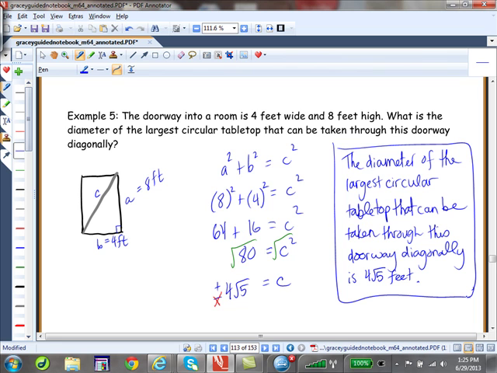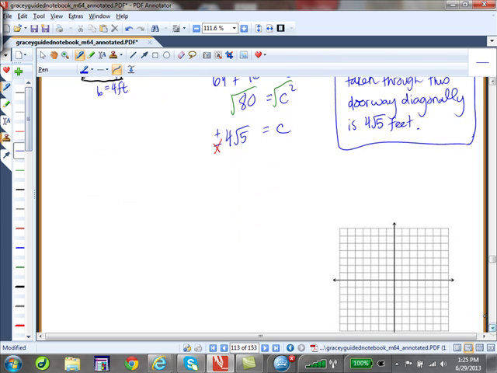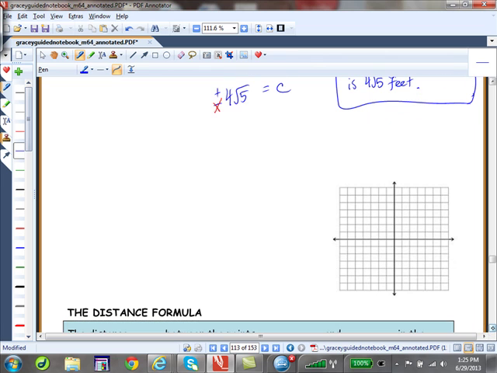All right. So next up, we have the distance formula. So the distance formula is kind of cool. You just use the Pythagorean theorem. Let's say you've got an ordered pair here and here.